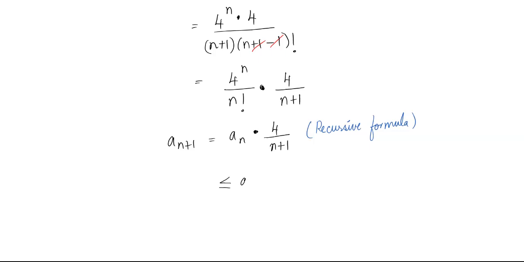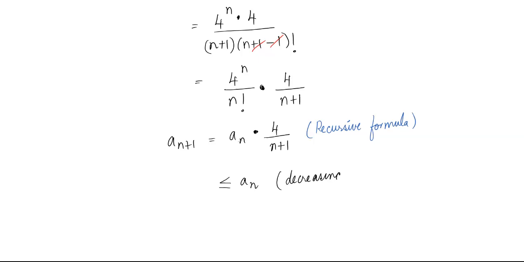This establishes that an is a bigger term. Think about this. Although you're multiplying for an plus 1, you have an and you're multiplying it by another number, that number should be a big number to increase the value. If you look at n, each time you have an n that's added, so that is going to actually reduce how it gets multiplied, right? Reduce the value of it. Therefore, an is bigger than an plus 1. An, the term before an plus 1, is bigger, and that means it's decreasing.